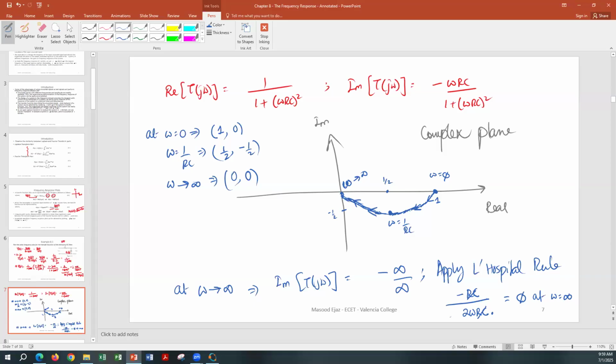So that's called the polar frequency plot. As you're changing the frequency and plotting the real part of your transfer function versus the imaginary part, that's how the response looks. And that's how you plot the polar plot.